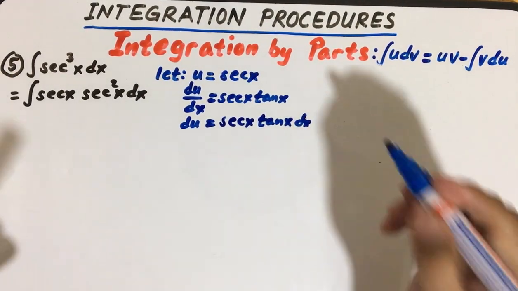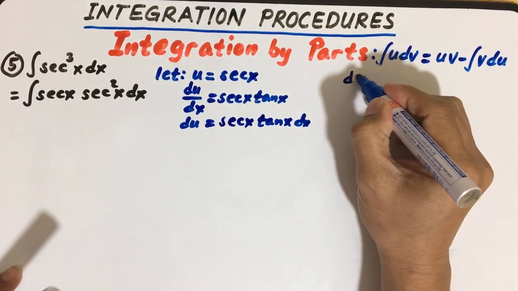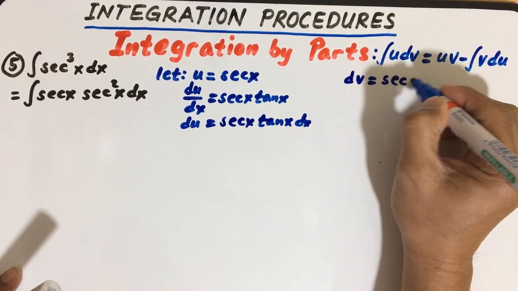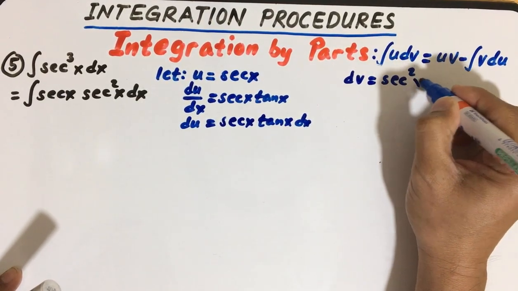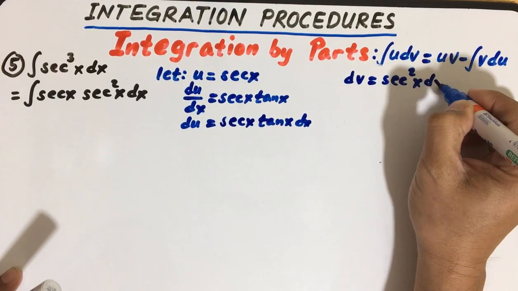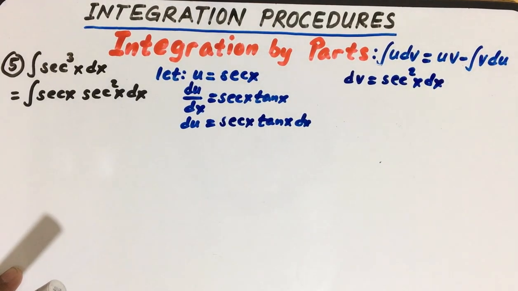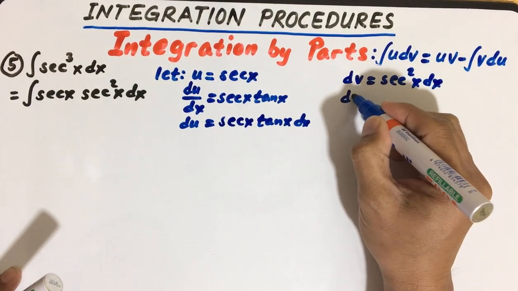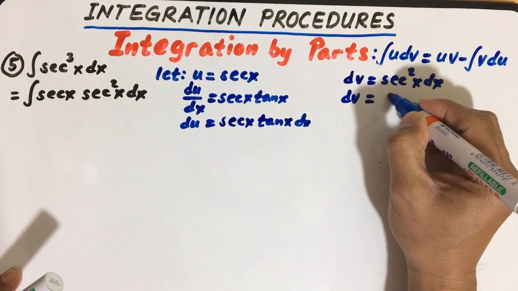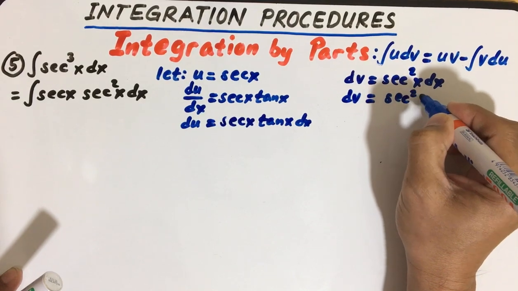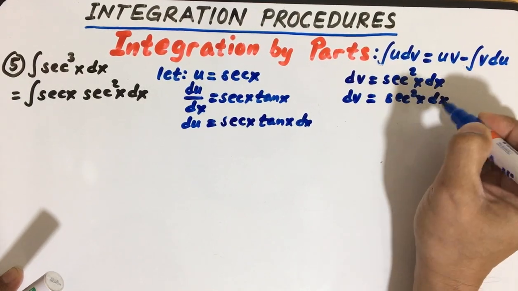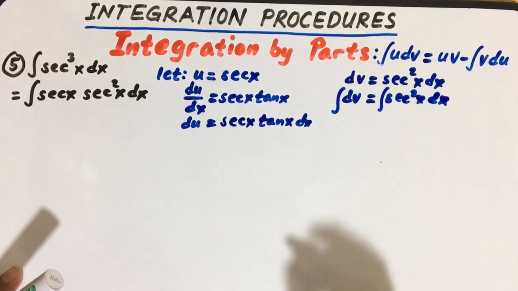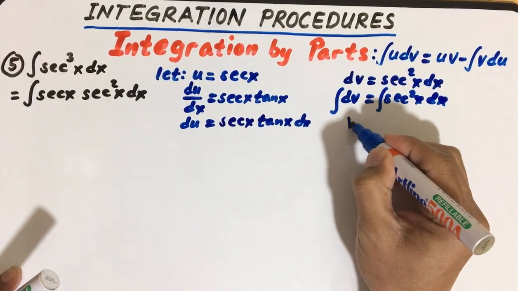So our dv is secant squared x dx. Integrating both sides of this equation, the integral of dv is equal to v.